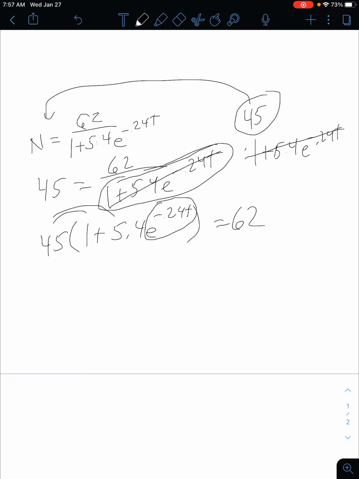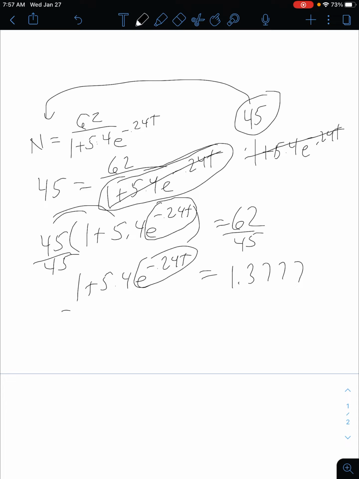You could do this either way. But I'm going to divide both sides by 45. And so then I would just have 1 plus 5.4 e to the negative 0.24t equals 1.3777, repeating.